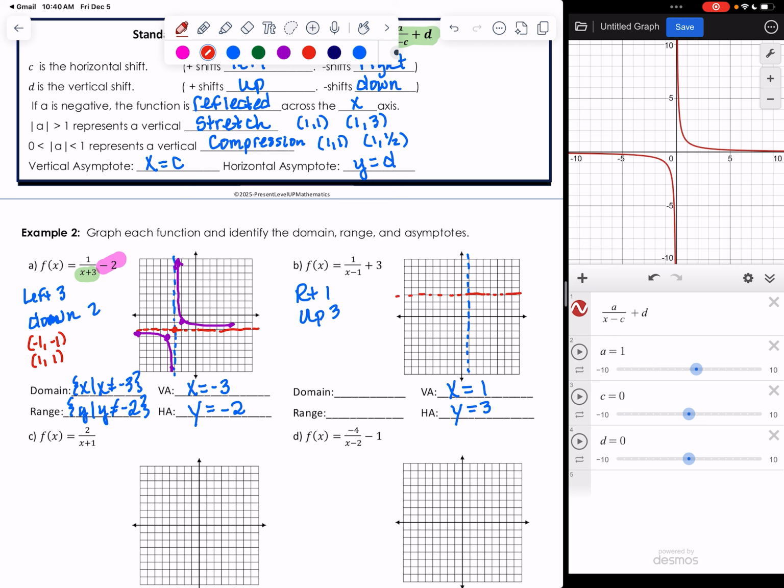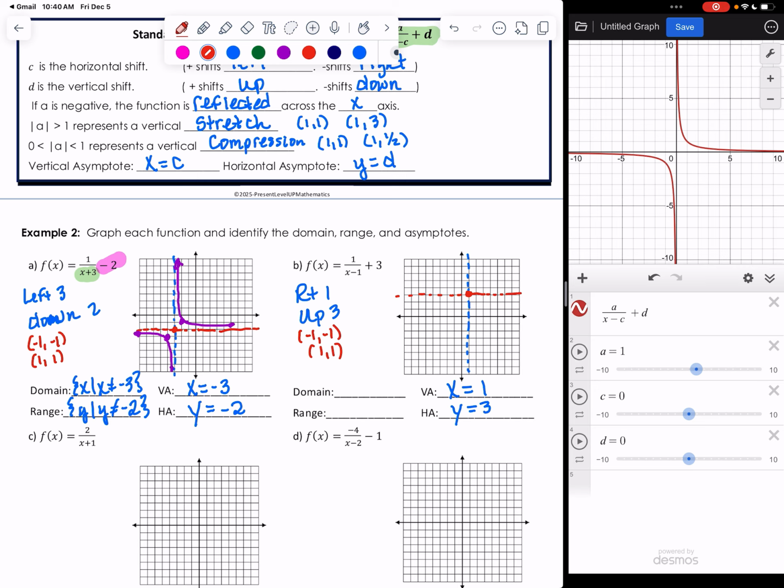Okay. Now, this creates a new 0, 0 right here. That's our new 0, 0, okay? So, from our new 0, 0, I'm going to use these critical points, negative 1, negative 1, and positive 1, positive 1.